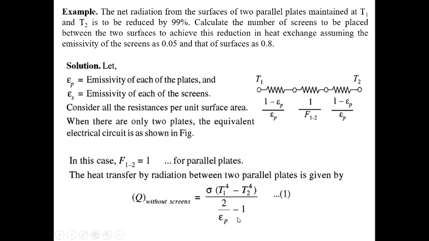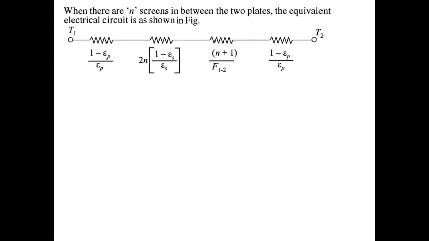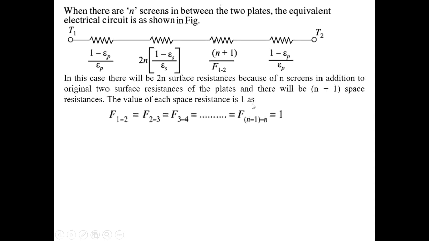Clear? Now, when we apply n number of screens, first this is the surface 1 resistance, then the summation of the n number of surface resistances for the screens, then the n number of space resistances, then again the surface resistance for surface 2. Again F12, F23, F3 all are 1.